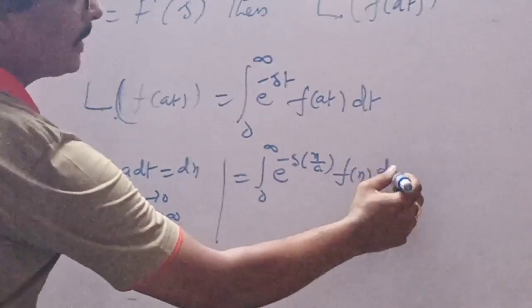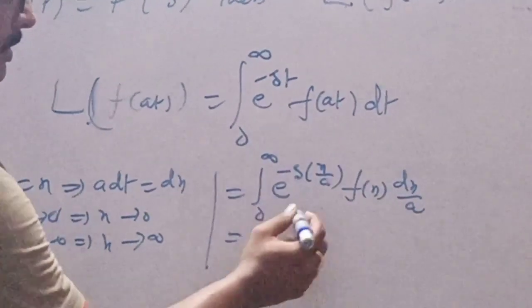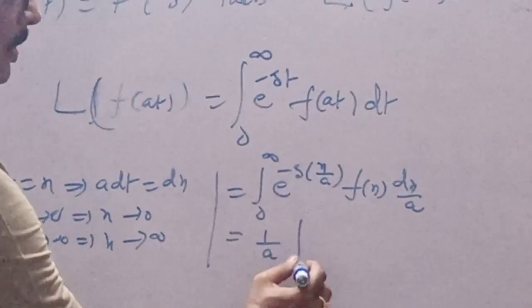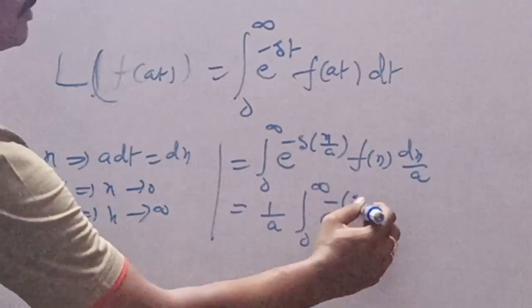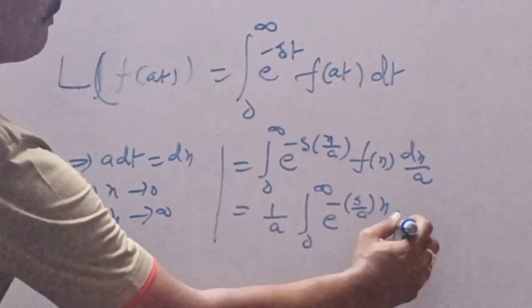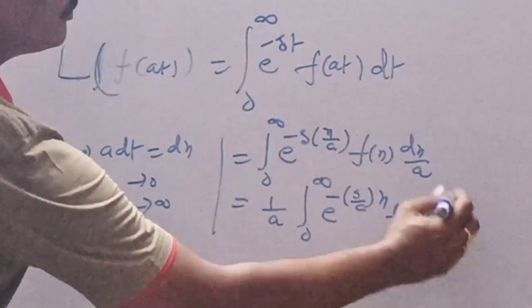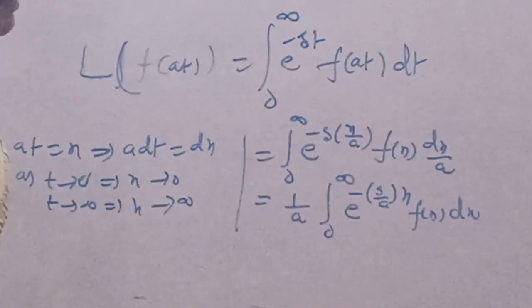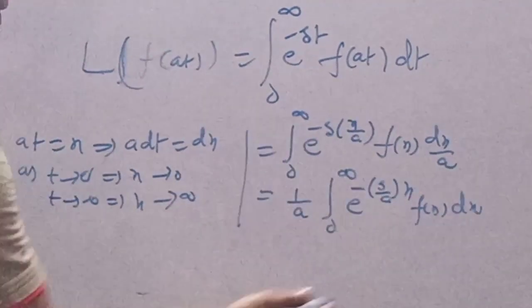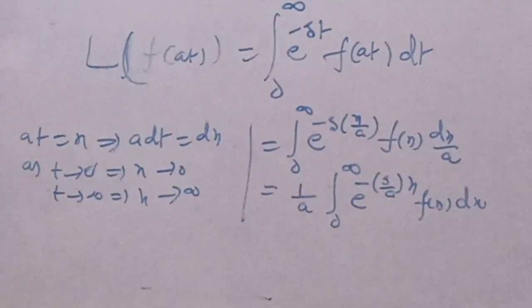So this is equal to 1 by a into the integral from 0 to infinity of e to the power of minus s by a into x, f of x dx. Instead of s we are having s by a, and instead of t we are having x, so this represents the Laplace transformation definition.